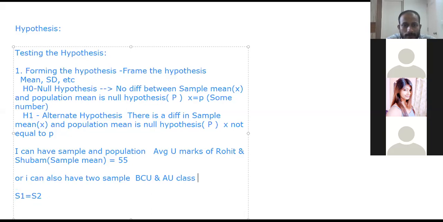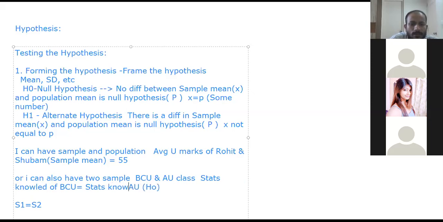When you mention BCU is equal to AU, this is a null hypothesis, no? BCU is equal to AU, meaning, let's say, the stats knowledge of BCU is equal to the stats knowledge of AU.